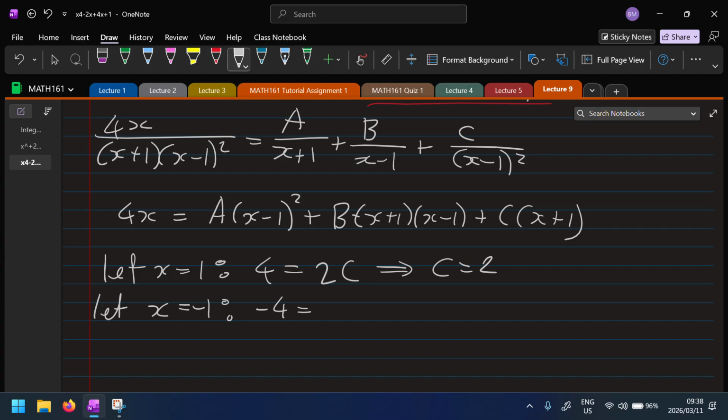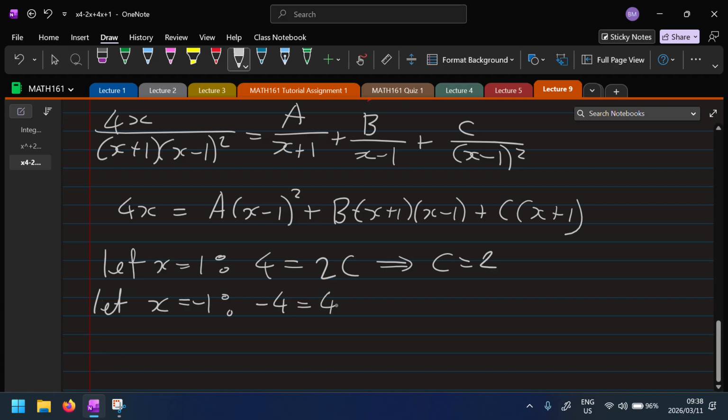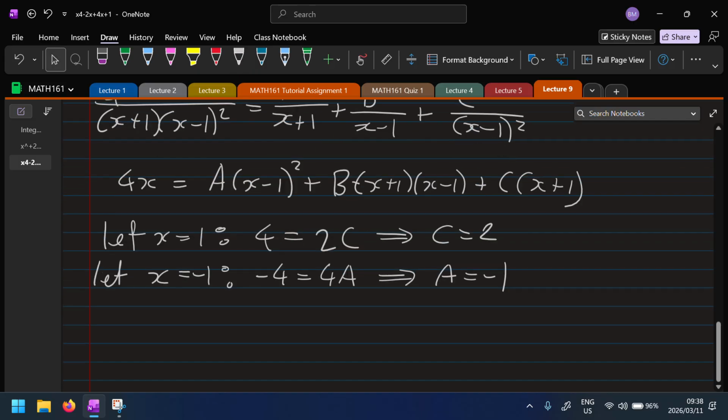So again, it's minus 1, so we're going to have 4A. Okay. Everyone see that? Okay. And then now we need a third one so that we can solve for B. Now it's not really clear what we can choose. 1 and minus 1 have been taken, so we just pick something else.